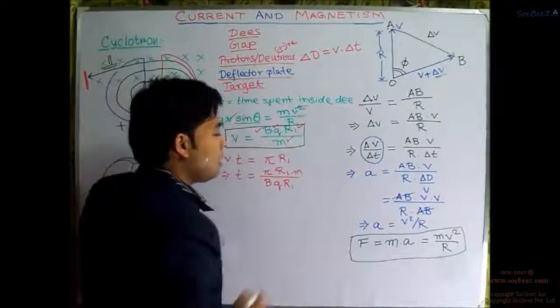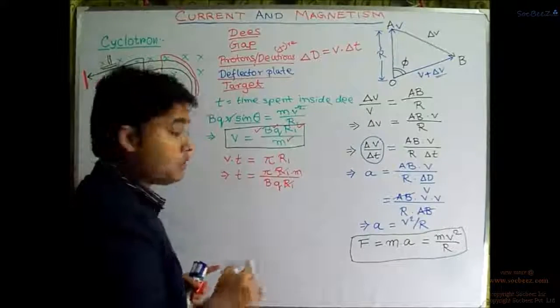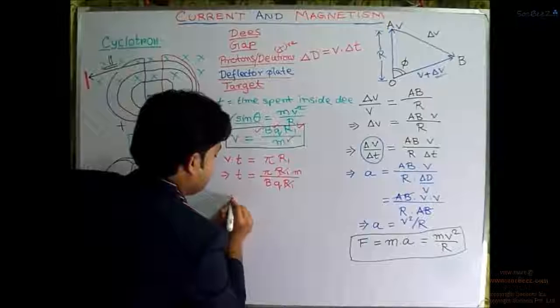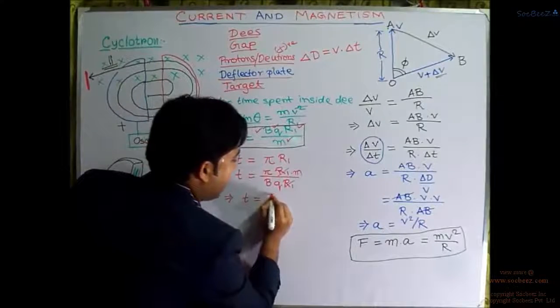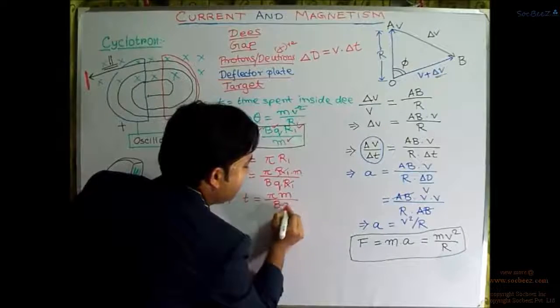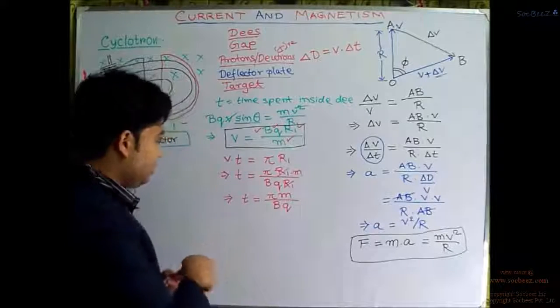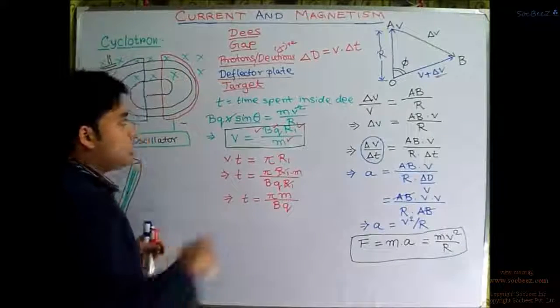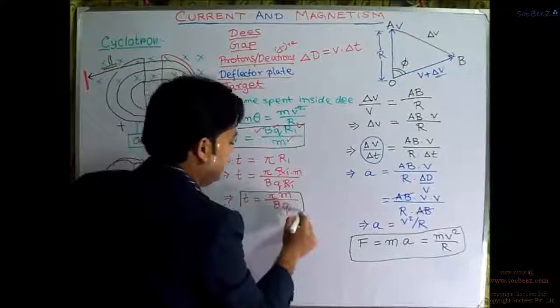Now closely observe that this R1 will cancel out this R1, leaving only the expression of t as pi m divided by B q, right? So we have got the expression for the time which is spent inside one D.